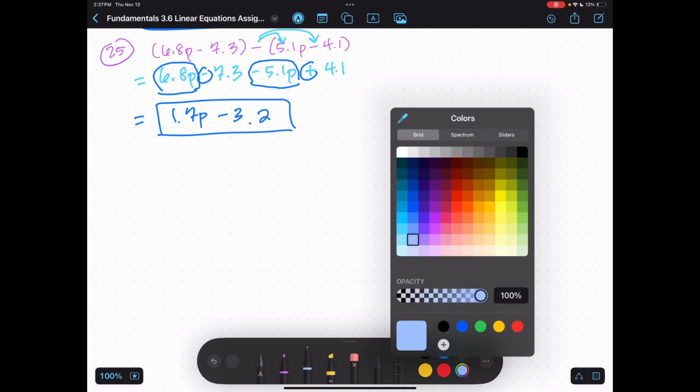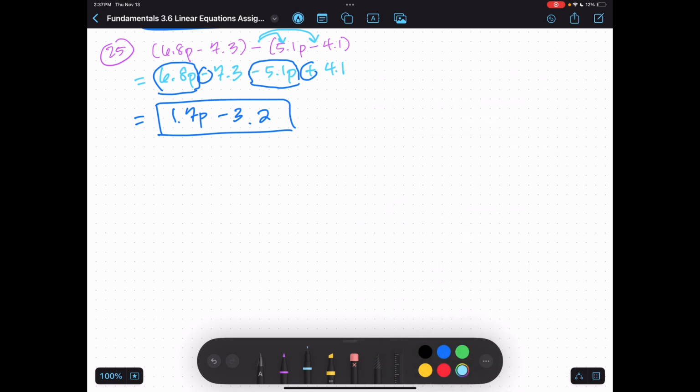Let's start. I usually like to start in blue. So 28 says, okay, negative 4.3. That's our constant on this side now, plus 3.4t, close parentheses, minus, so we know we're going to distribute, 2.8 minus 4.1t. Don't get tripped up with a minus minus, right?